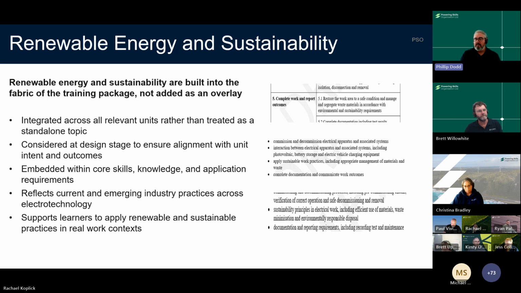So we've taken a lot of feedback on board and are working with our SMEs to look at a new renewable energy Cert 4, where we're looking to have a really great group of core units that add value to someone who has come through a Cert 3 pathway and is moving into that renewable energy space.